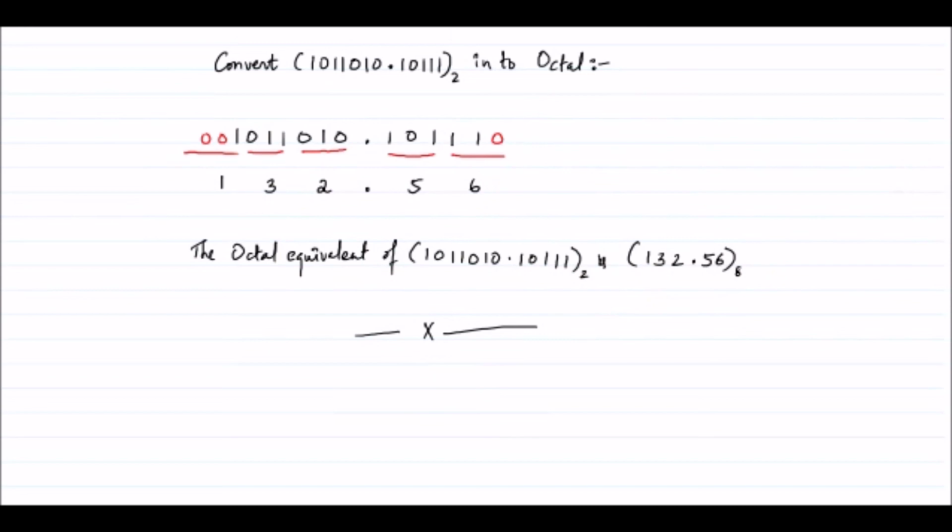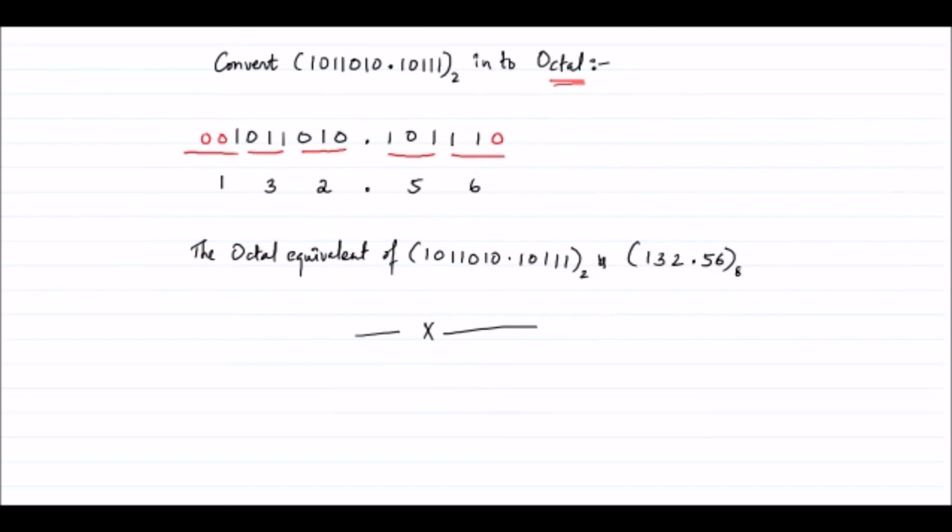so we'll take an example. 10110 10.1011 base 2 to be converted to octadecimal. So simply what we need to do is we need to write the same value.